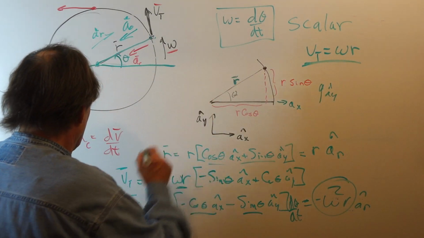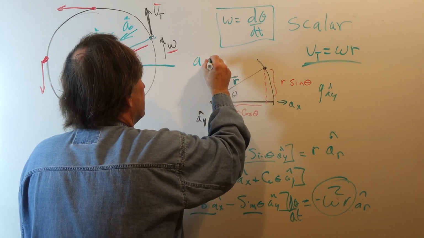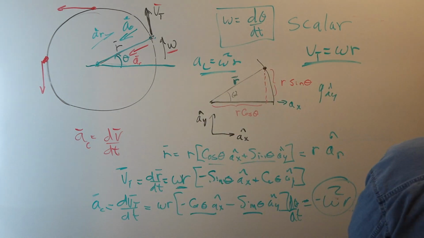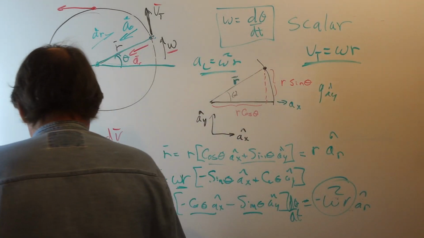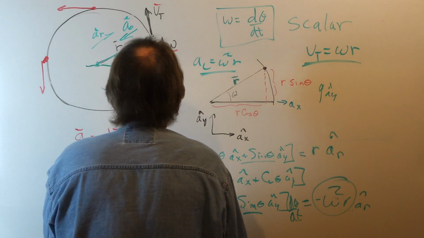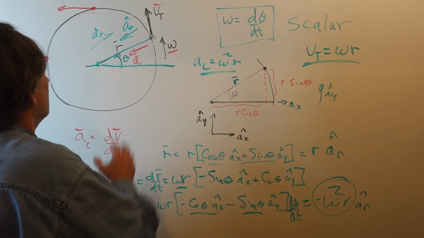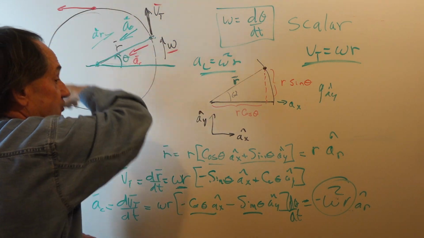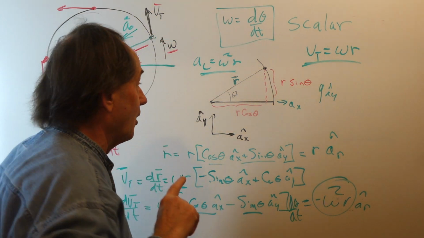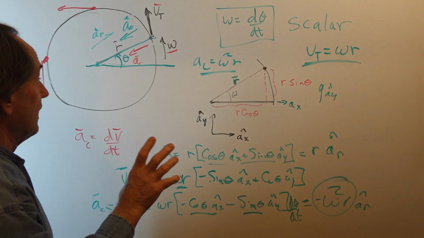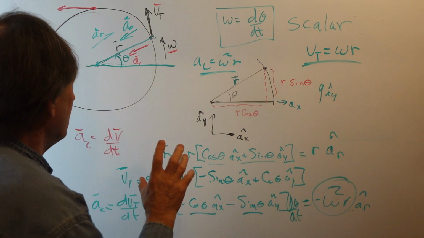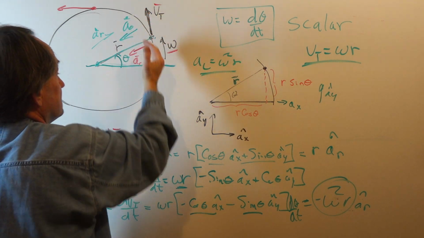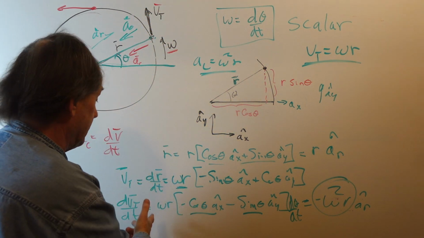So ac is omega squared r, as we had before. So that's where it arises. Even though the angular velocity, omega, and the radial distance, the radius of the circle that an object traces in uniform circular motion, are constant, we get rise to an acceleration because the direction of the tangential velocity is changing with time.